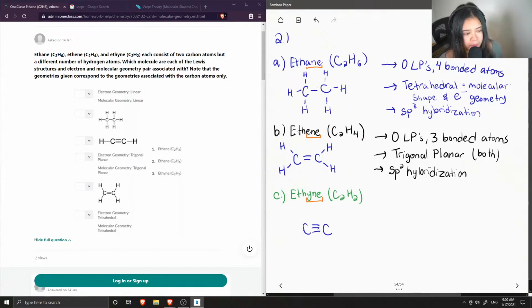And since carbon wants 4 bonds in total, I'm just going to draw 1 hydrogen attached to each carbon. And now we have the Lewis structure for ethyne.